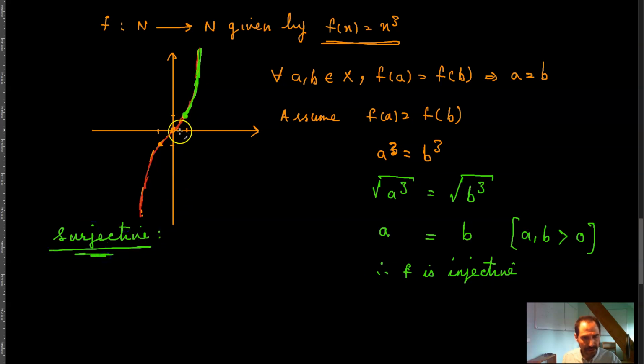Now, for the part to decide whether f is surjective, you can see that, for example, over here, 1 cubed is equal to 1, 2 cubed is equal to 8, 3 cubed is equal to 27.